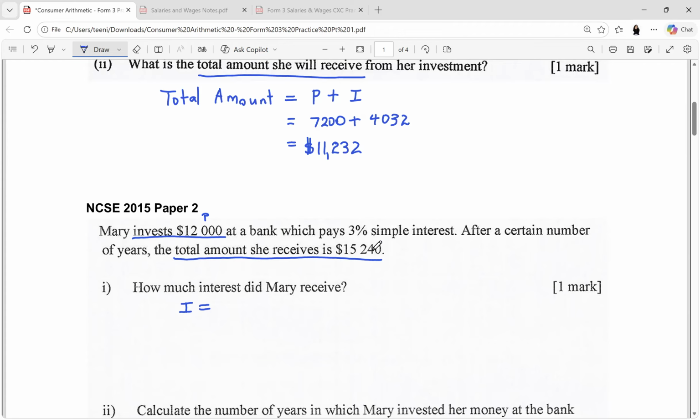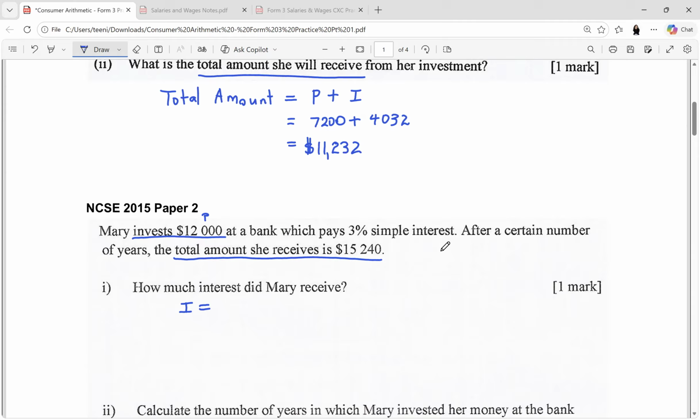Do you agree with that? Yeah. Because if Mary invested $12,000 and then at the end of the period she got $15,240, that includes the interest. So the extra money that she got there will be the interest that she got on the investment.